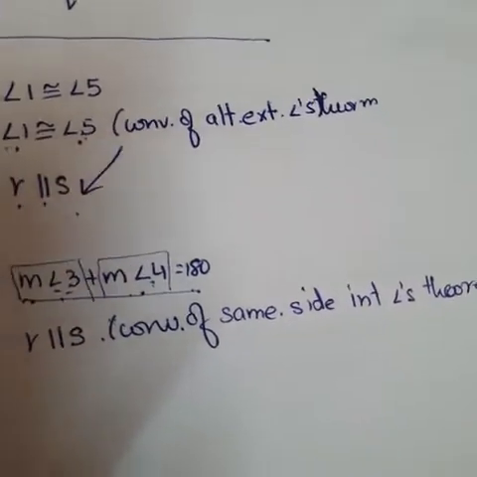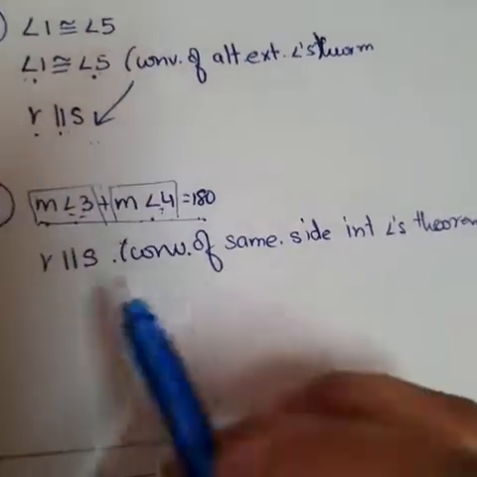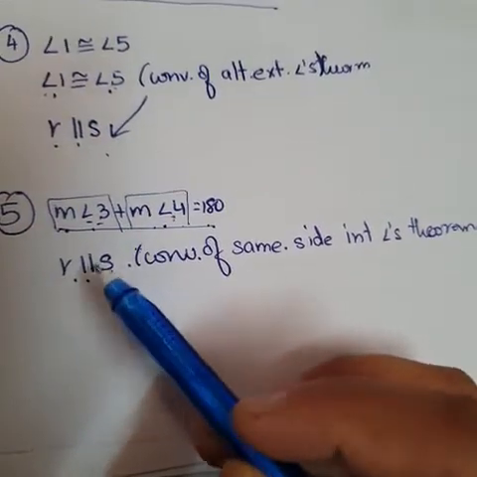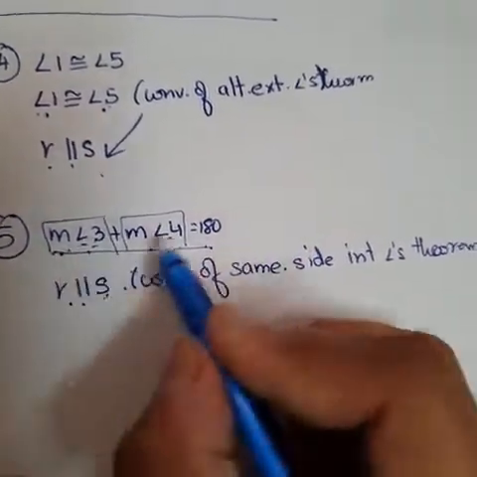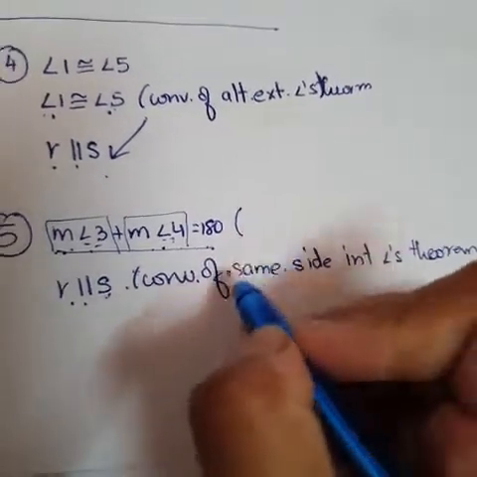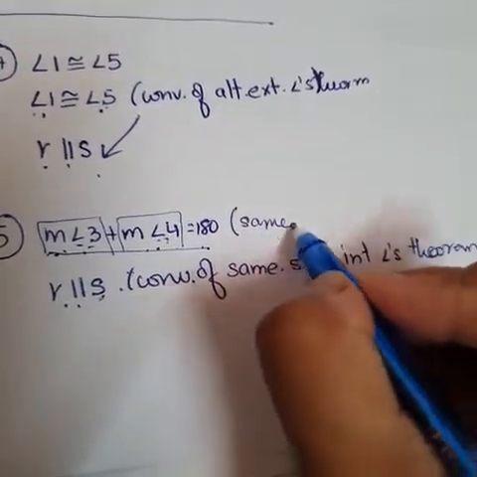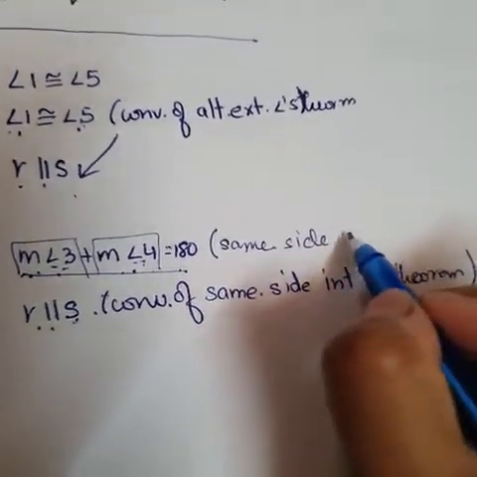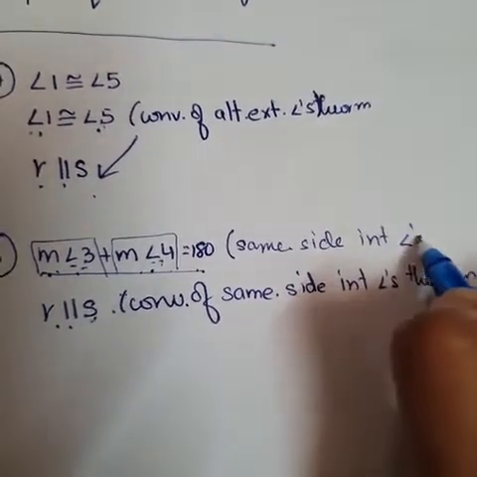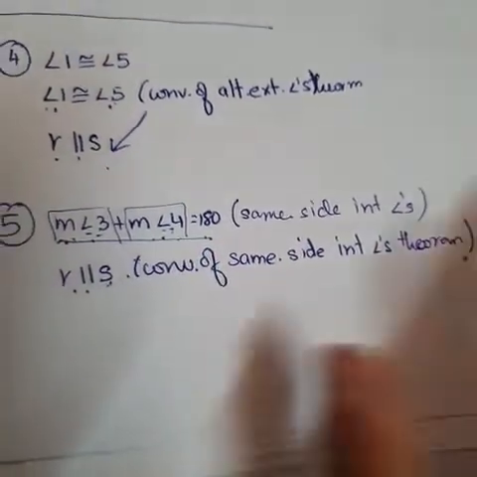Because of this, the converse of the same-sided interior angle theorem, R is parallel to line S. Now here you have to of course say what kind of angles they are. So they are same-sided interior angles. They add up to 180.